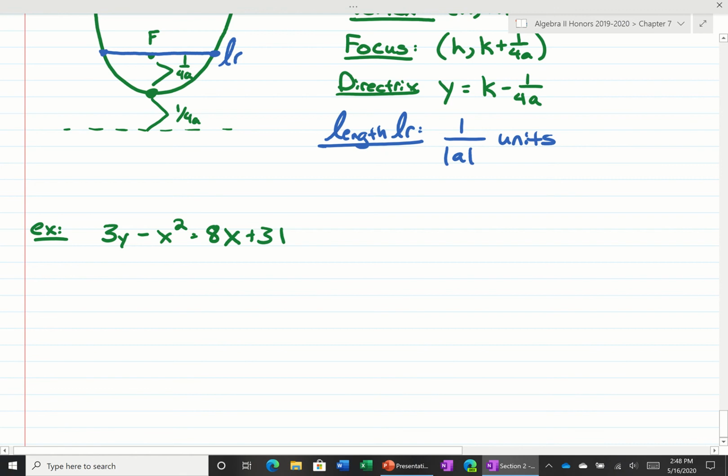We're going to find all of these components. So first thing we could do is get the y by itself. So we're going to have 3y is equal to x squared plus 8x plus 31. We could divide everything by 3.